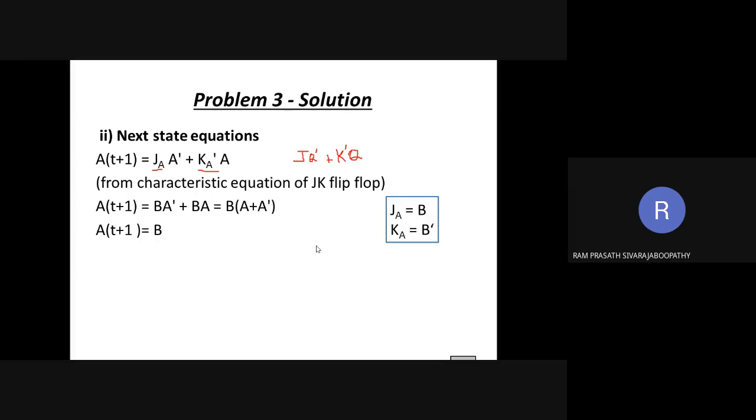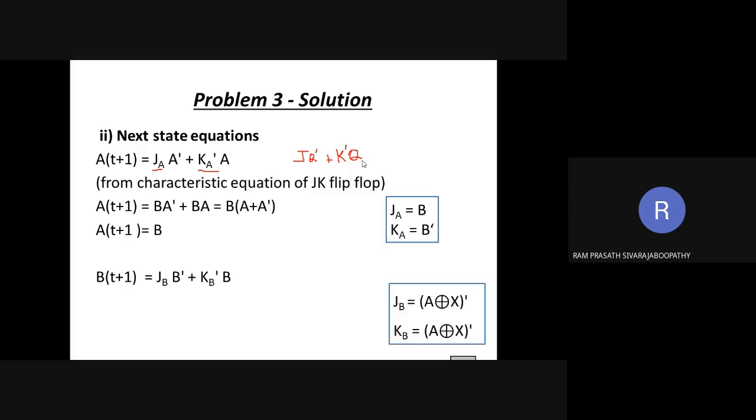No. Okay. Next, this is the first flip flop, A of T plus 1. Similarly, for B of T plus 1, what do we do? This is the characteristic equation. We replace JB and KB. What is Q bar? B bar. Q is B. That's all. So for the second flip flop, we substitute this function, A XOR X whole bar.